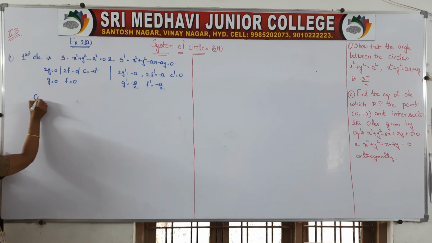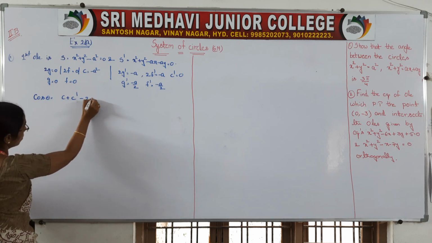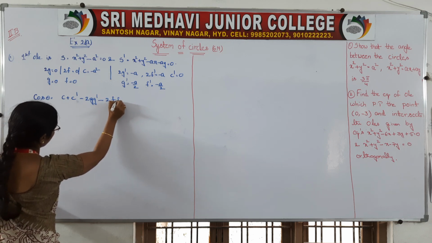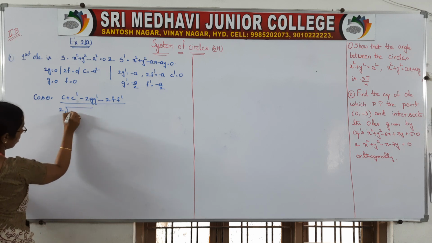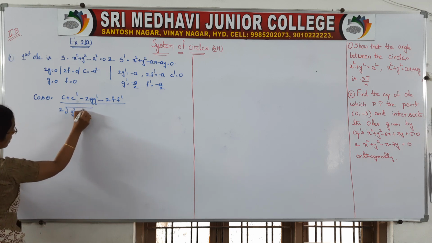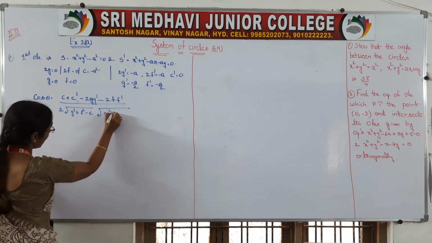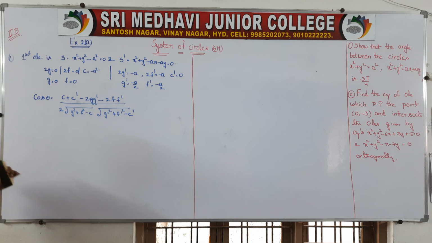Now take your angle formula. Cos theta is equal to c plus c dash minus 2gg dash minus 2ff dash, divided by 2 into root of g square plus f square minus c, into root of g dash square plus f dash square minus c dash.